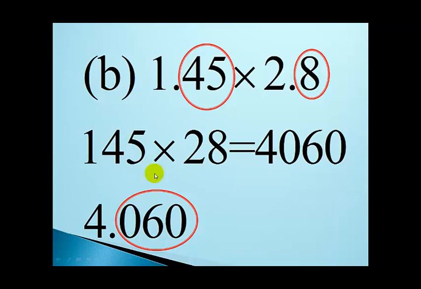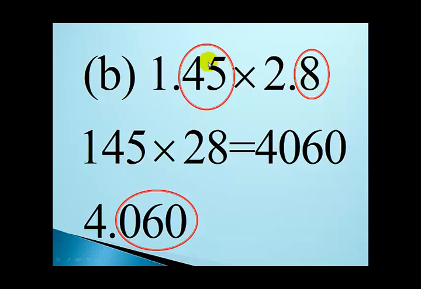Now 1.45 times 2.8. So you still assume here that you don't have any decimal point. So 1.45 becomes 145 times 2.8 also becomes 28. Now when we multiply 145 by 28, the answer is 4060. Now with the first decimal fraction 1.45, we have 2 decimal places, and with the second decimal fraction 2.8, that is 1 decimal place.